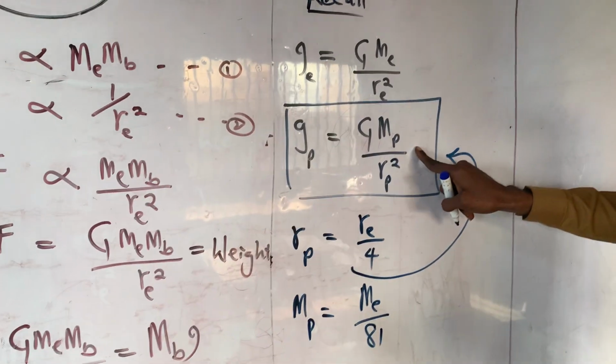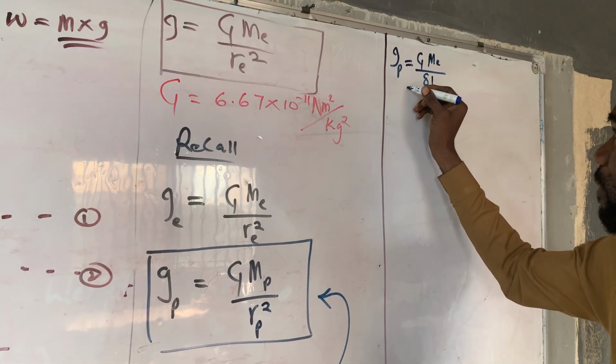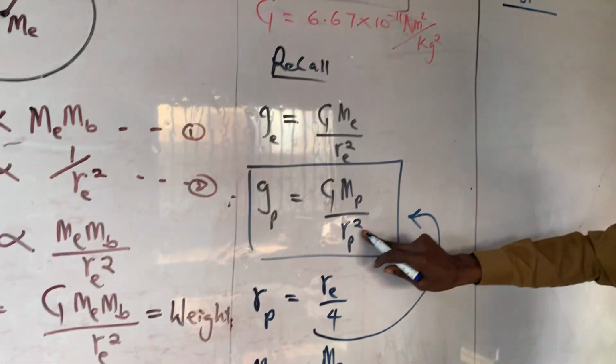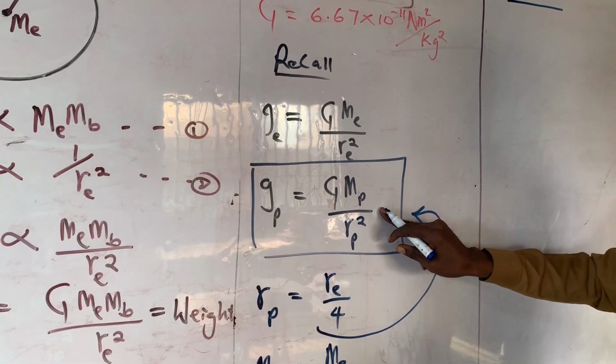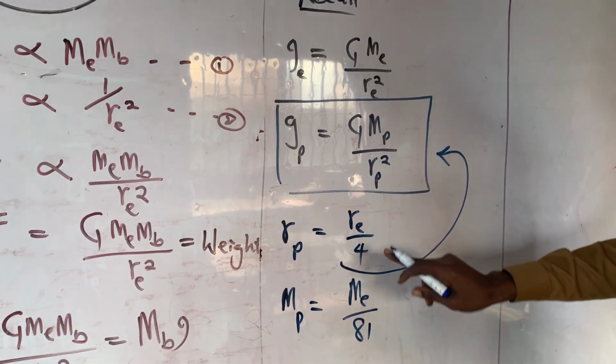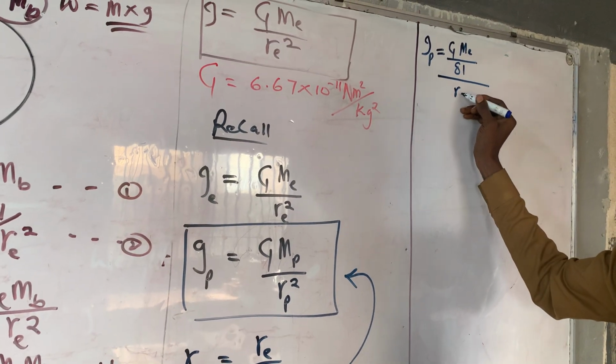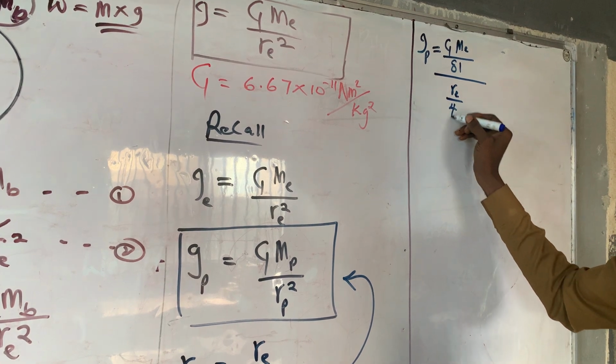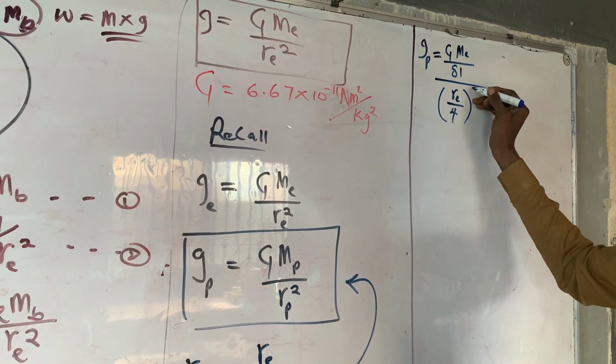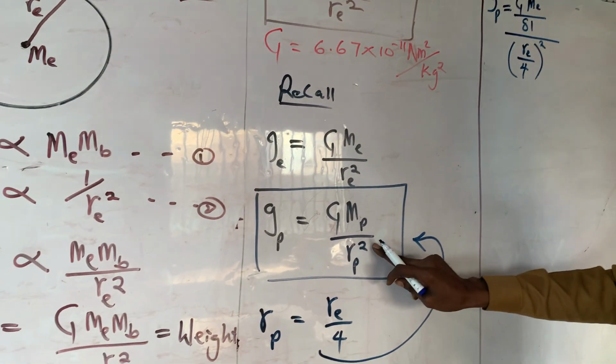Remember, this is now divided by the radius of the planet squared. And the radius of the planet is equal to the radius of the Earth divided by 4. So this is going to be the radius of the Earth divided by 4, all raised to the power of 2, which is this square we have here now.